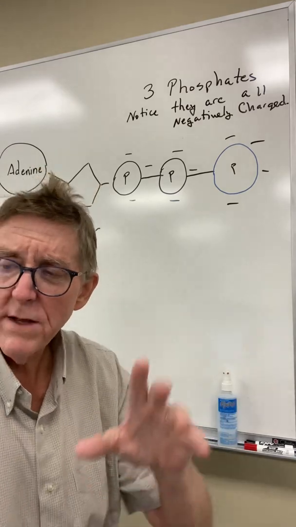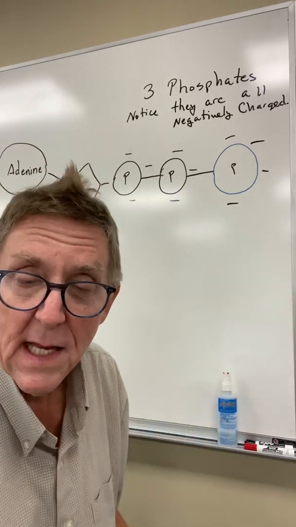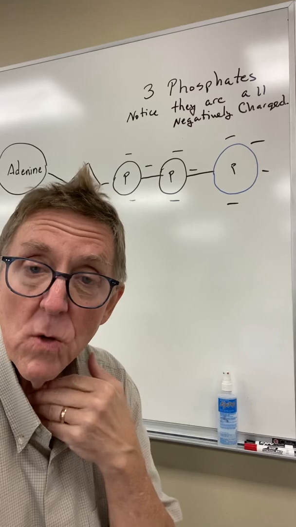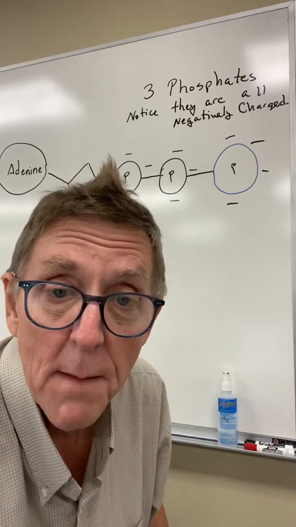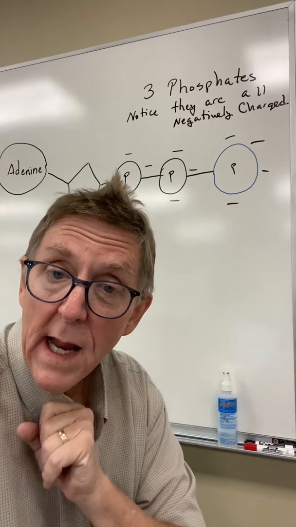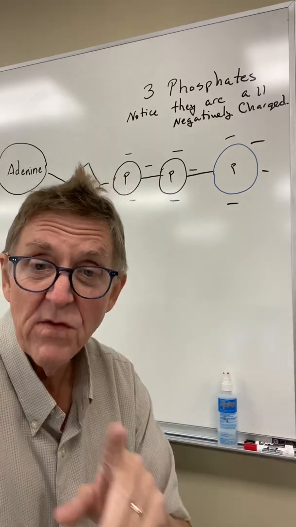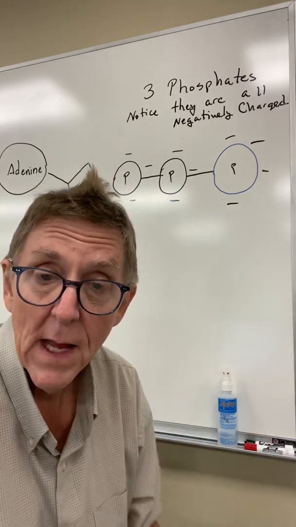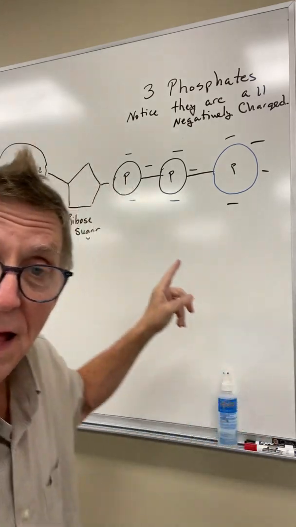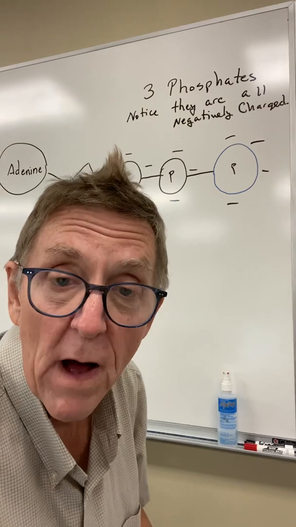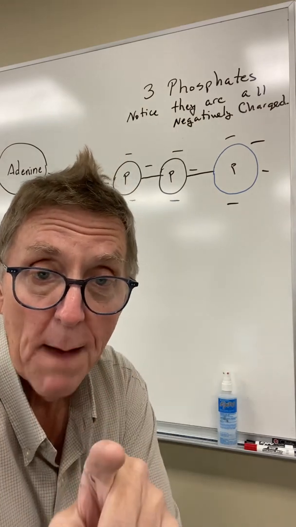And so when we talk about the energy cycle in this molecule, we're going to talk about how in the mitochondria, remember that organelle that we learned about? We said it's the powerhouse of the cell. This is where ADP gets that 3rd phosphate added to it. And then what happens?